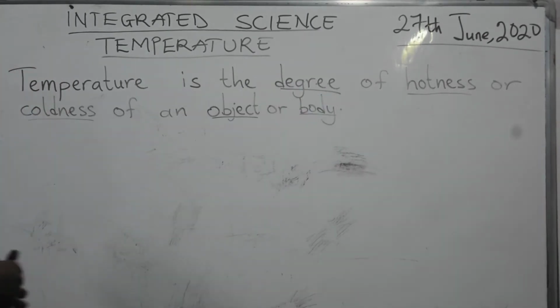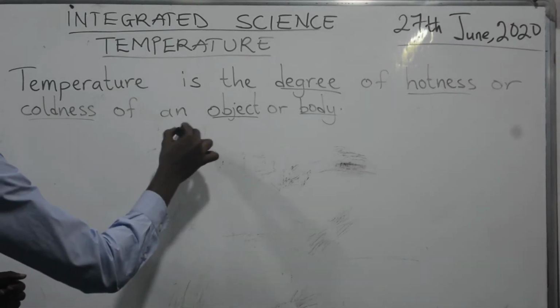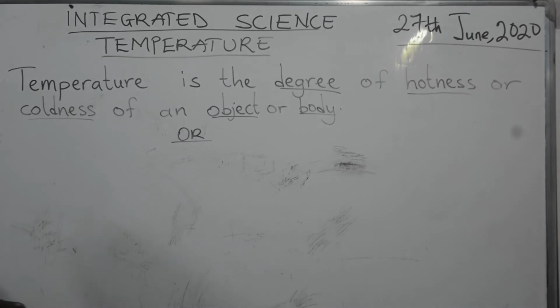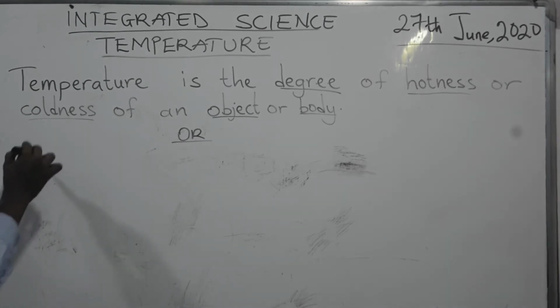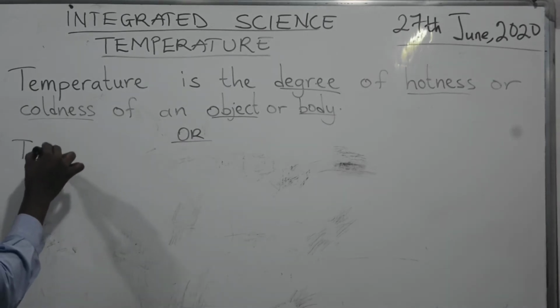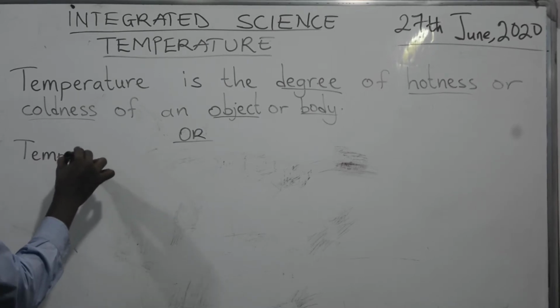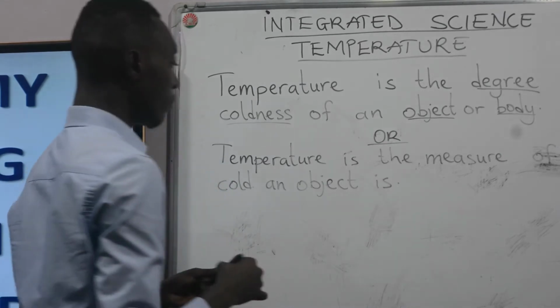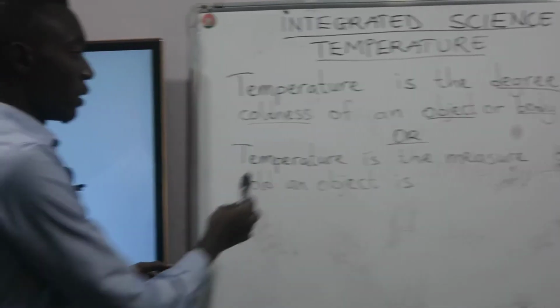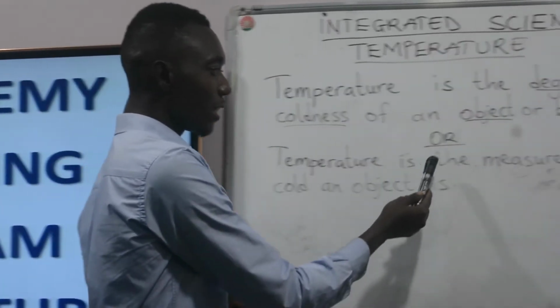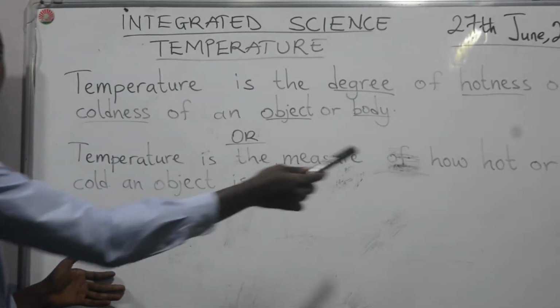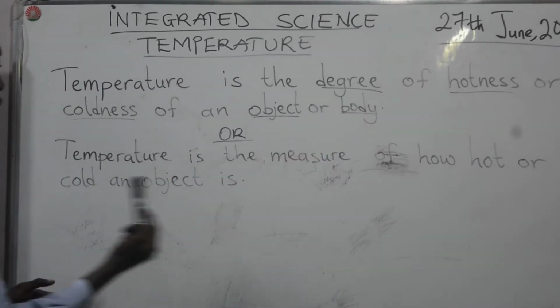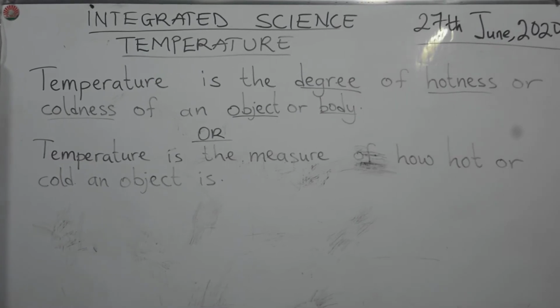You can use any of them. Let me add another definition. Probably you like to choose one of them. Temperature is the measure of how hot or cold an object is.